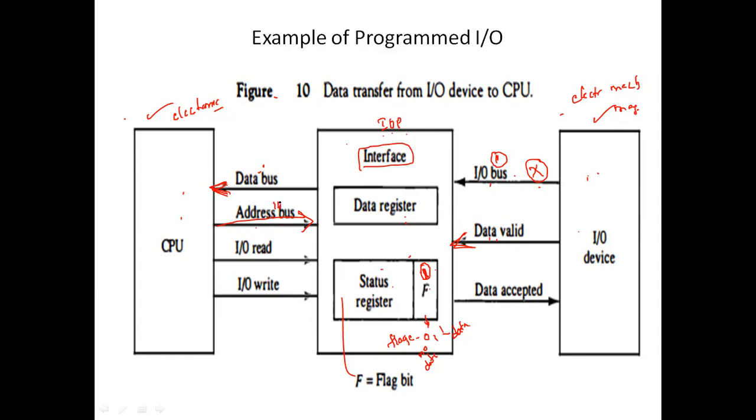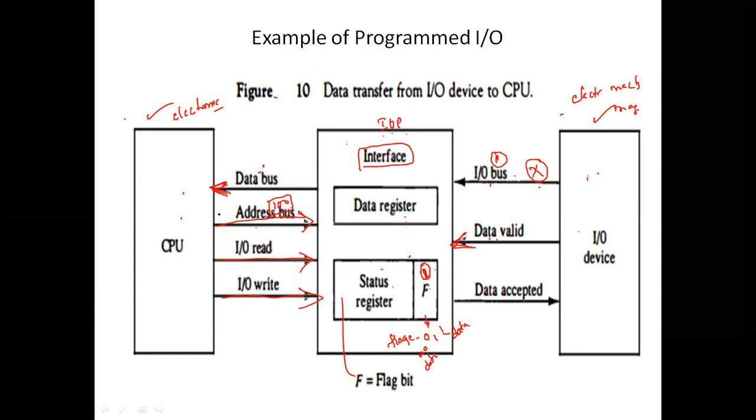Suppose this address is 100. On the data present at 100, we have to read the data or write the data. If we want to read, it activates the read signal, and if we want to write, it activates the write signal. So either the read signal or the write signal will be activated.